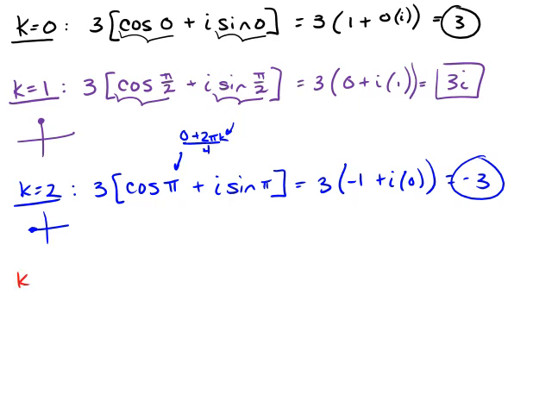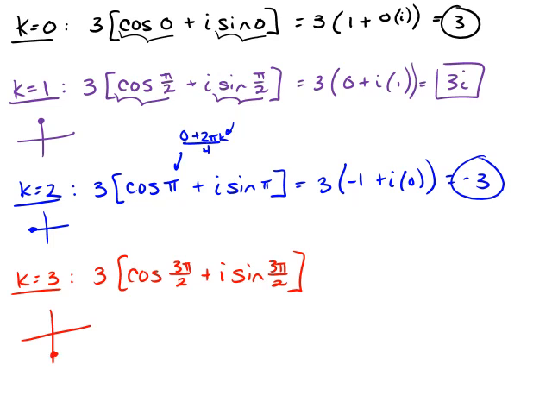Finally, let's plug in k equals 3. So 3 times cosine of 3 pi over 2 plus i sine of 3 pi over 2. 3 pi over 2 is here. So I have 3 times 0 plus i times negative 1, giving me negative 3i.